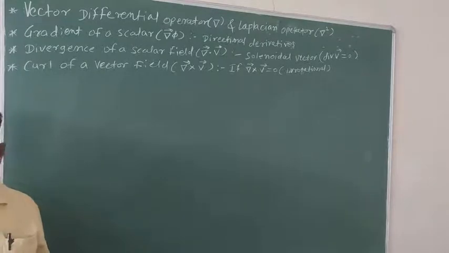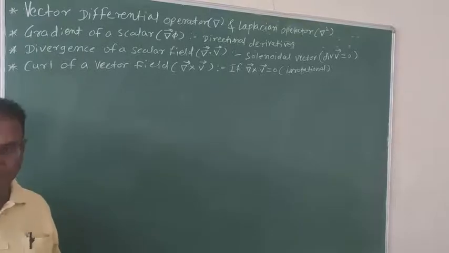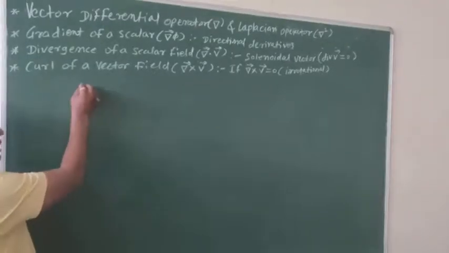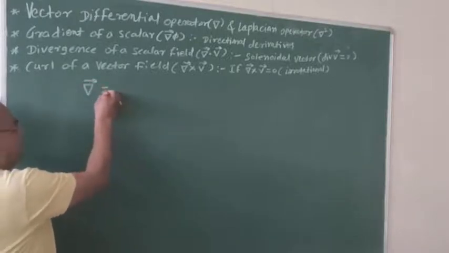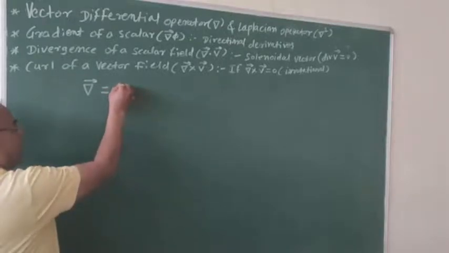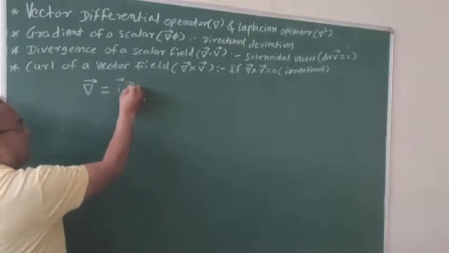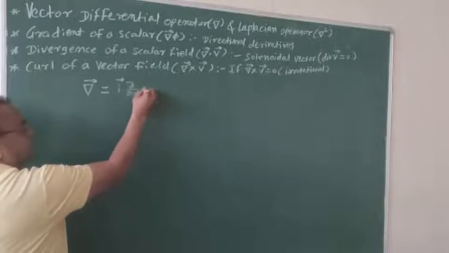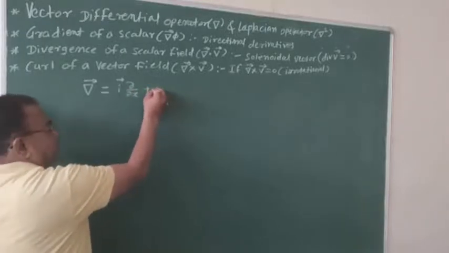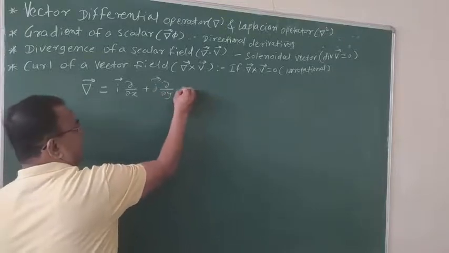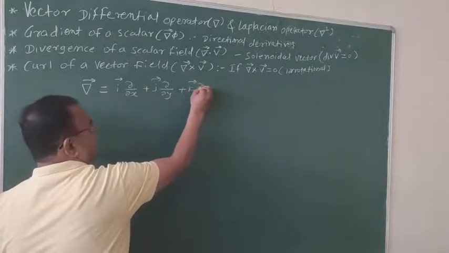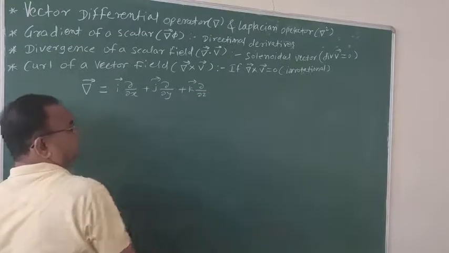The del operator is indicated by the symbol del bar, which is given by i bar delta by delta x plus j bar delta by delta y plus k bar delta by delta z.